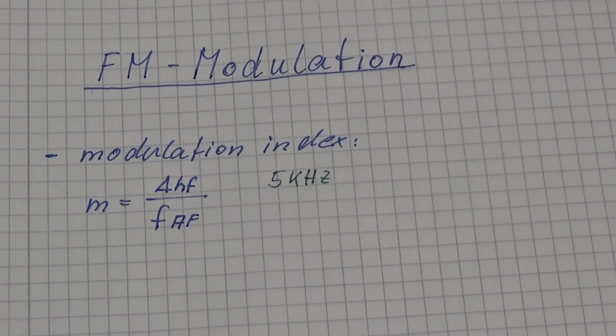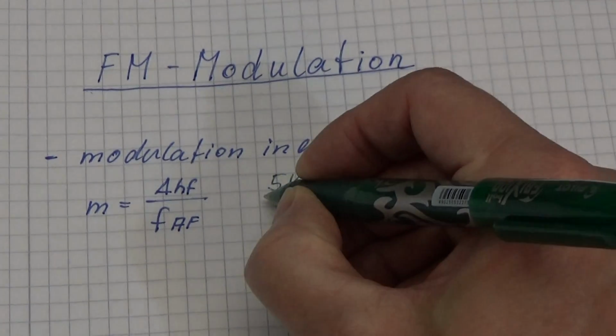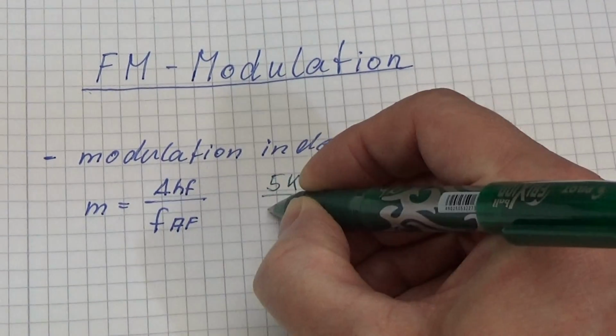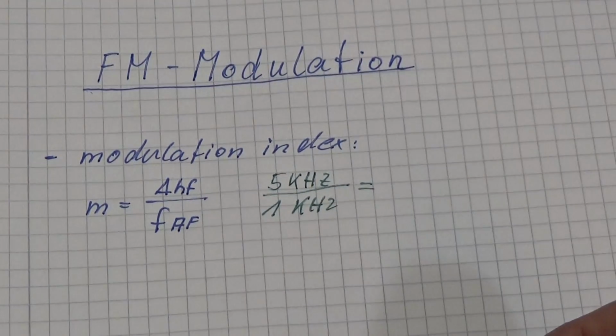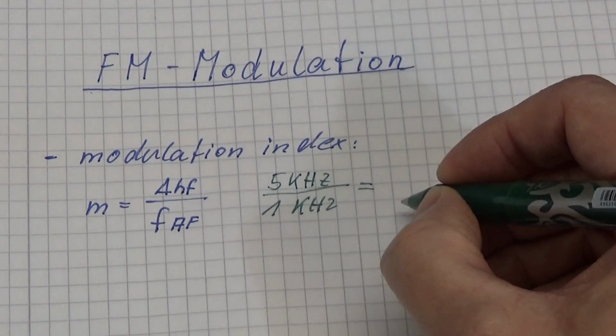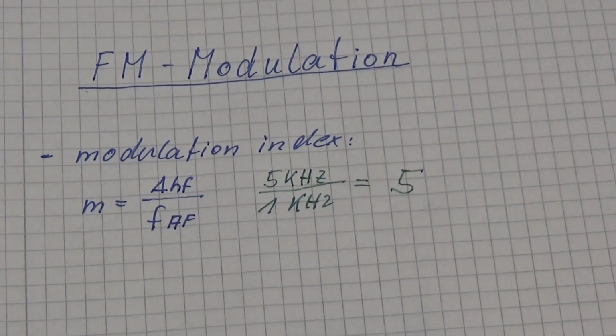In amateur radio we have 5 kilohertz, so that is very normal. And let's take our audio frequency of 1 kilohertz, okay? So we now see that our modulation index is 5, okay?